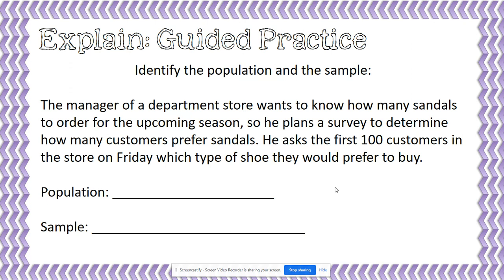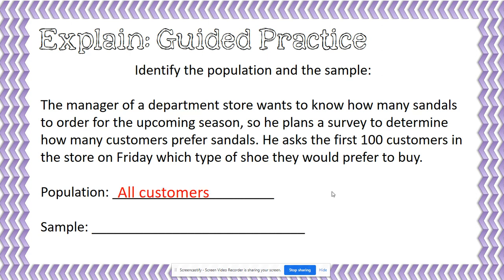Next, the manager of a department store wants to know how many sandals to order for the upcoming season. So he plans a survey to determine how many customers prefer sandals. He asks the first 100 customers in the store on Friday which type of shoe they would prefer to buy. In this problem, the manager wants to know about the customers at his store.